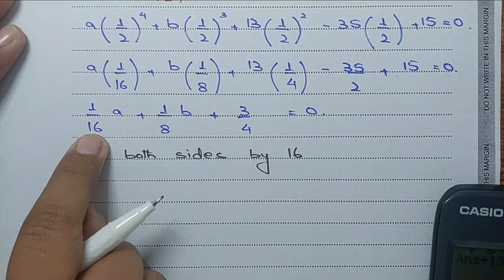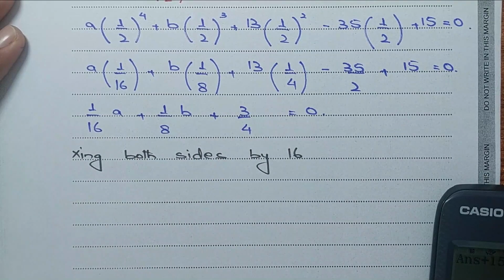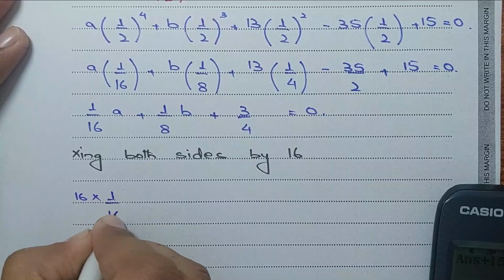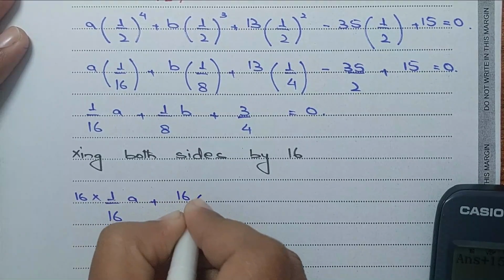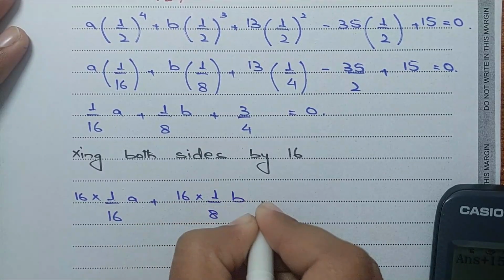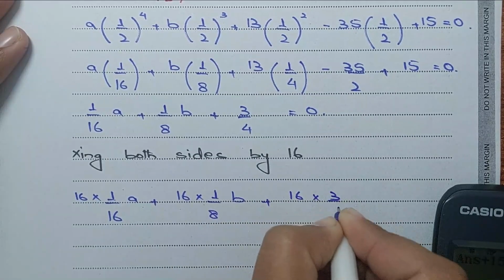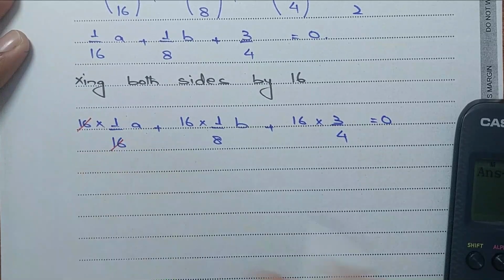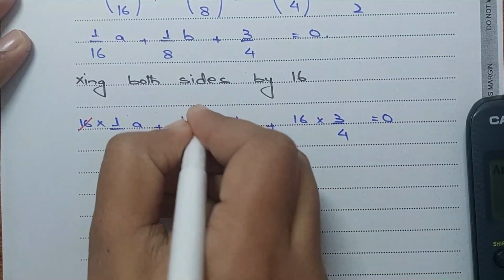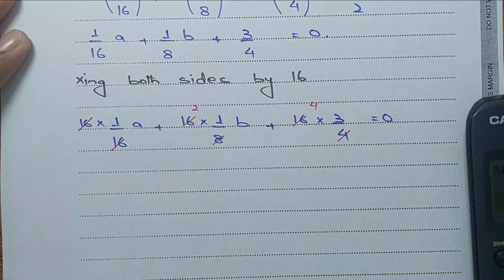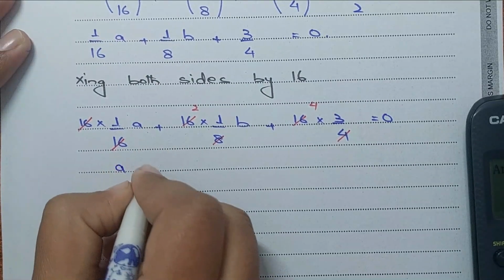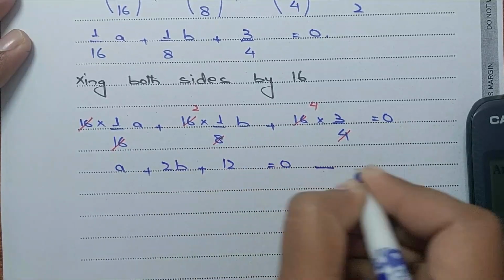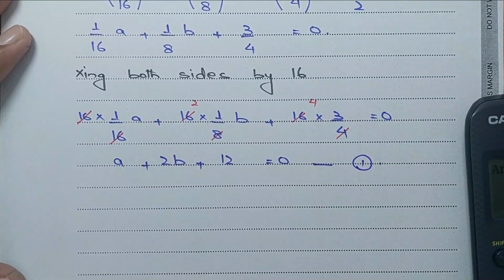Because 4, 8 and 16, every one has 16 as a multiple, right? So 16 multiply 1 over 16a plus 16 multiply 1 over 8b plus 16 multiply 3 over 4 equals 0, right? Now we can cancel this 16 with 16, and 8 times 2 is 16, 4 times 4 is 16. Now the simplified form is a plus 2b plus 4 times 3, 12 equals 0. This is my first equation, right?